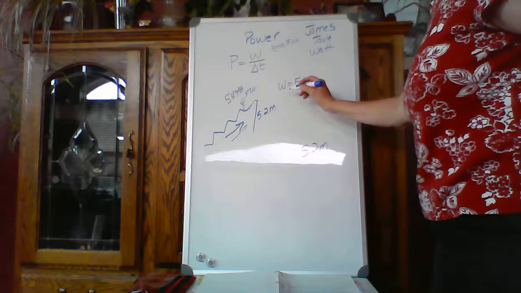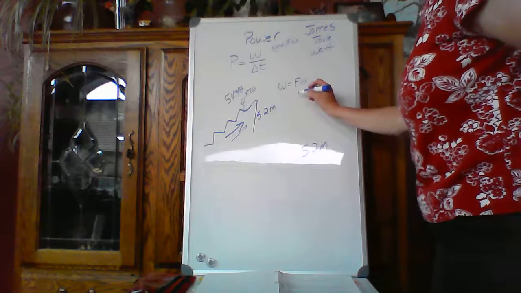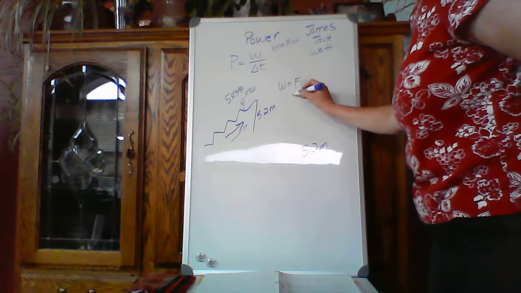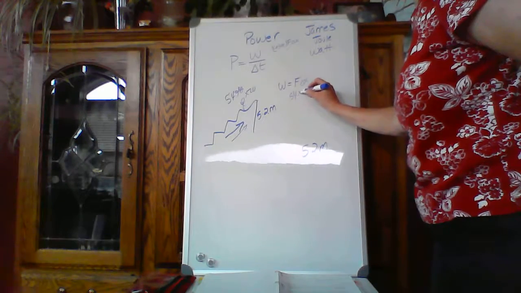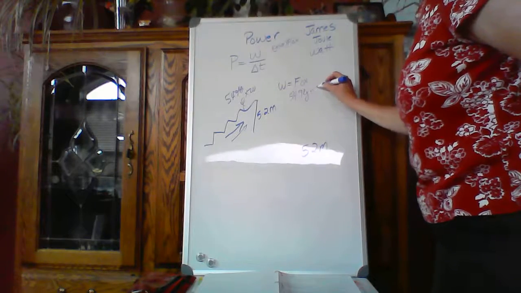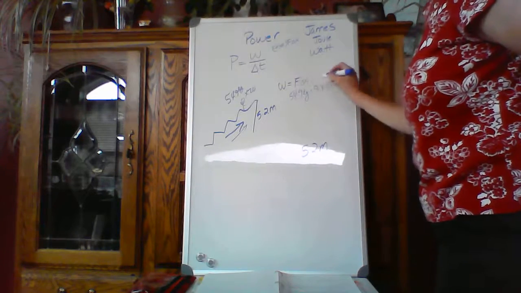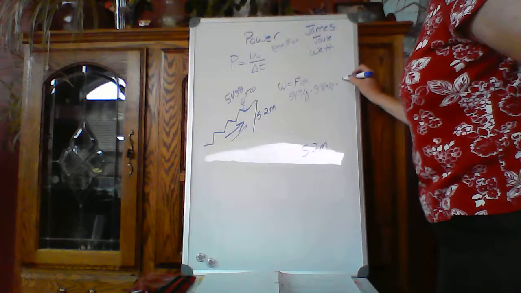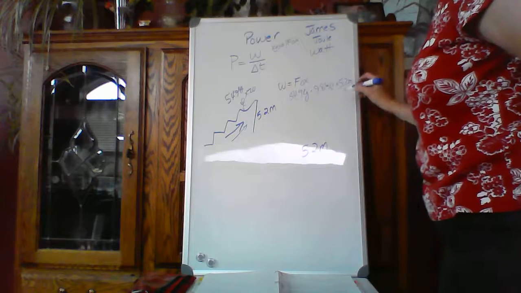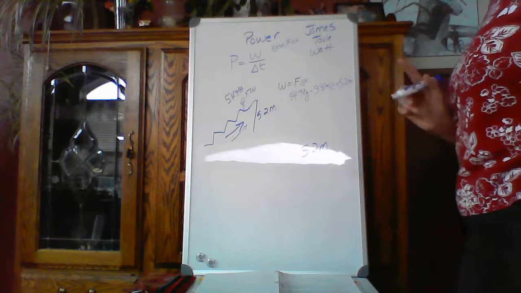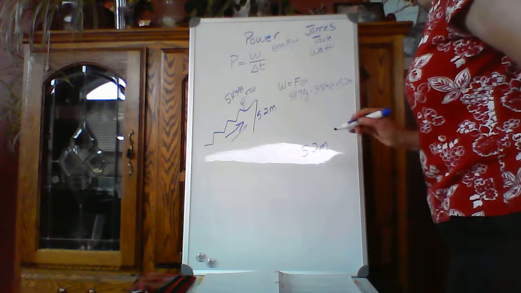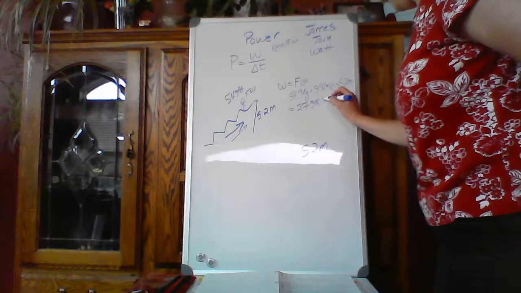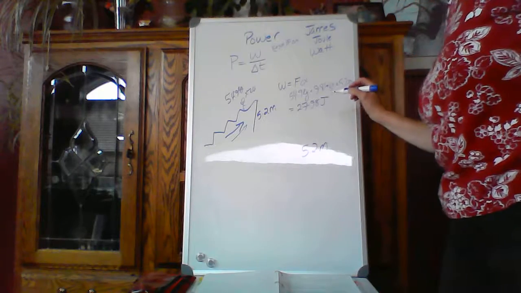So we know that the amount of work is going to be mass, which is 54.9 kilograms, times the acceleration of gravity. That's how we get the force on the object. And it's going to move 5.2 meters. So the work to move one person is going to be, we'll say, 2798 joules.